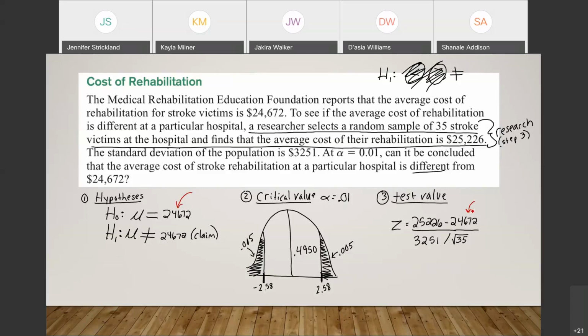All right, so let's put that in our calculator and see what we get. All right, so I get 1.01. Does that sound right?